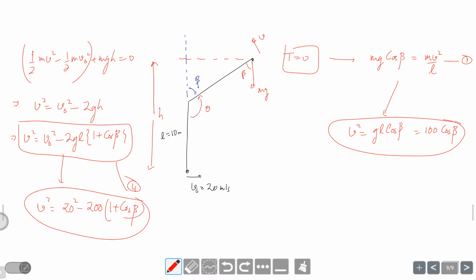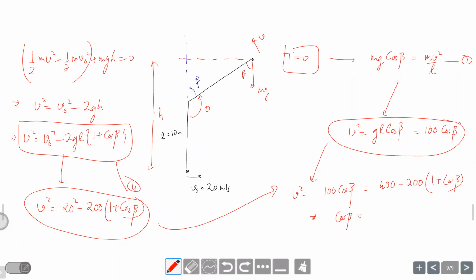Beta is 180 minus theta, so 1 plus cos theta. Did I make a mistake? That's right. 100 cos beta is equal to 400 minus 200 into 1 plus cos beta.